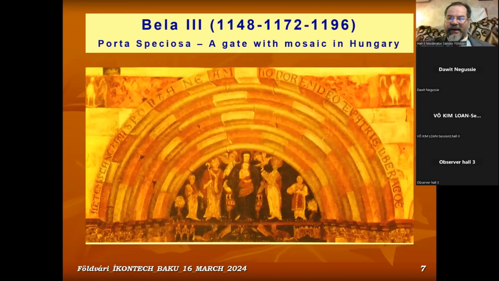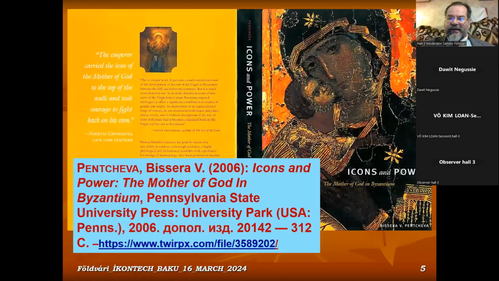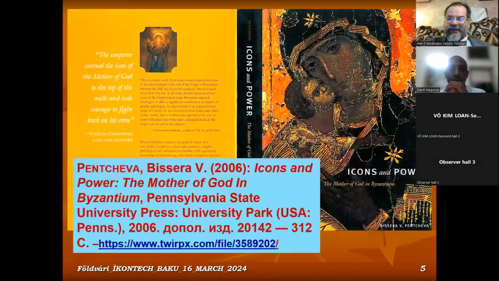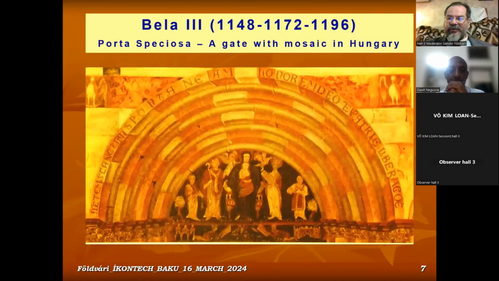And this is the Hungarian mosaic, made two centuries later in Hungary. This is not the original mosaic, but a picture. The Byzantine mosaic reminds us of my personal photo from when I visited Istanbul and Hagia Sophia, but the Hungarian parallel doesn't remind us.